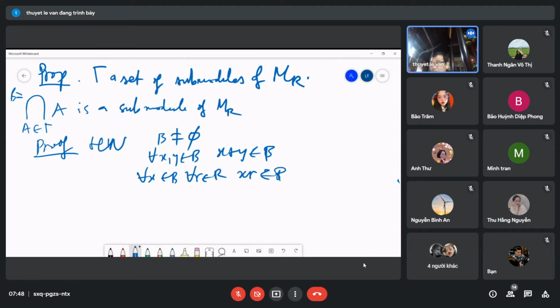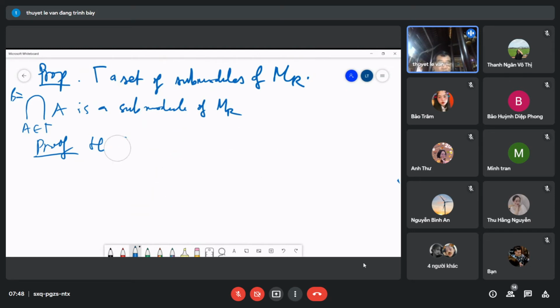I only give you one note: you should divide into two cases.